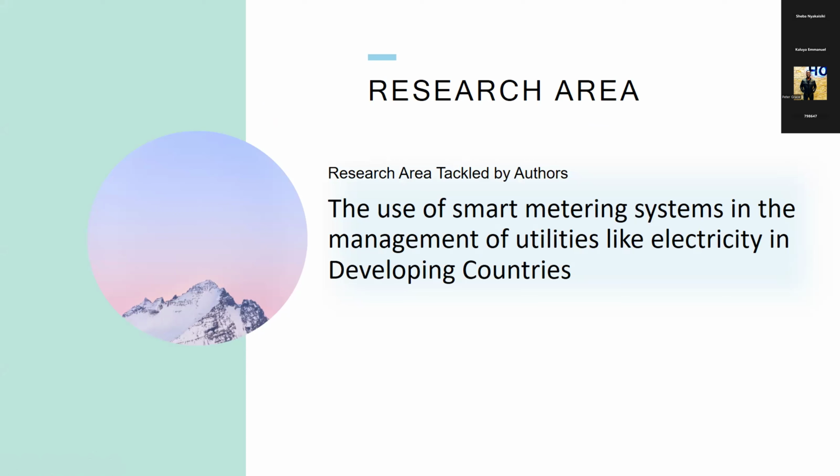When we read through the article, the authors were majorly looking at how they can innovate or use smart metering systems that would help them overcome the problems with the non-smart metering systems, like queuing up, the reconnection fee and all that. So this is what we identified as the research area.